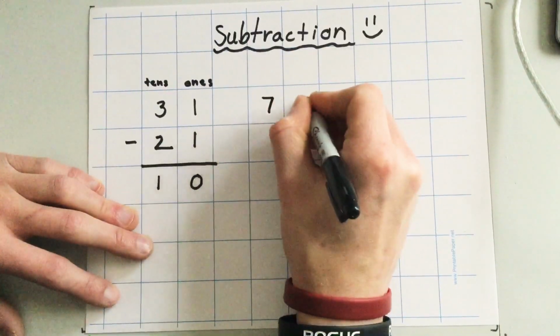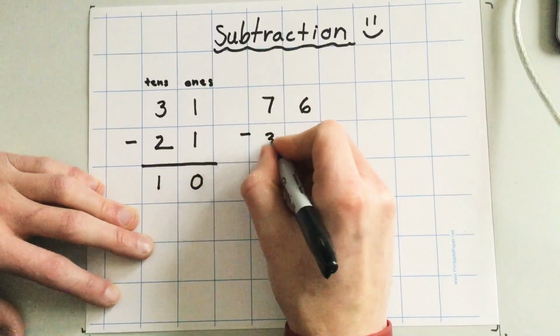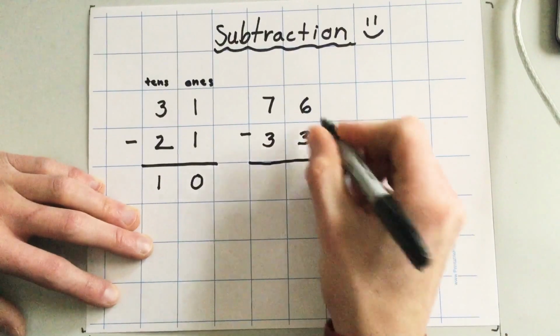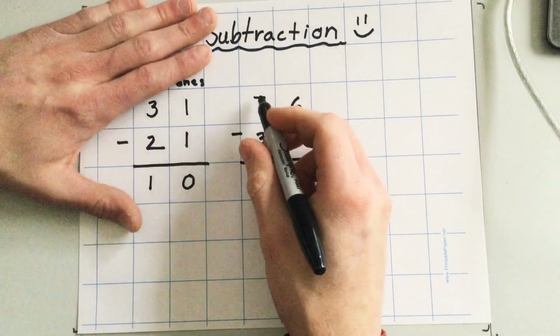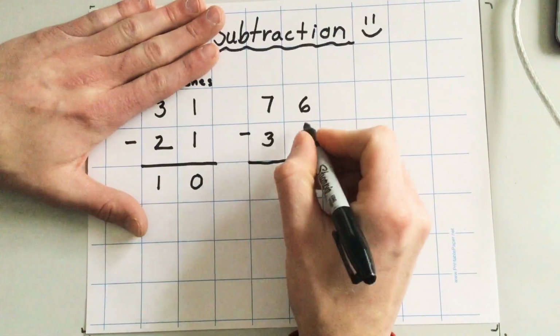Let's take 76 minus 33. Again, I lined up my numbers in the ones column and in the tens column, and now we can subtract our numbers.